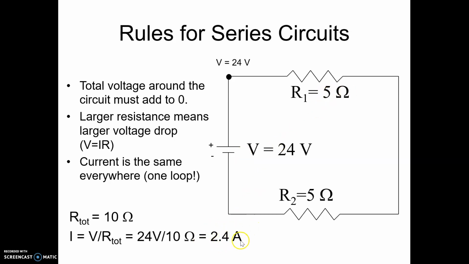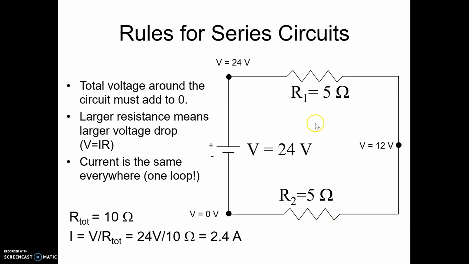Well, the current is 2.4 amps and the resistance is 5. 2.4 times 5 gives you 12. So if you start at 24 volts and you drop 12 volts, anywhere in between these two resistors, the voltage is now 12. Same resistor over here, so now you're going to go through another 12 volt drop to get down to 0. So that's how that works.